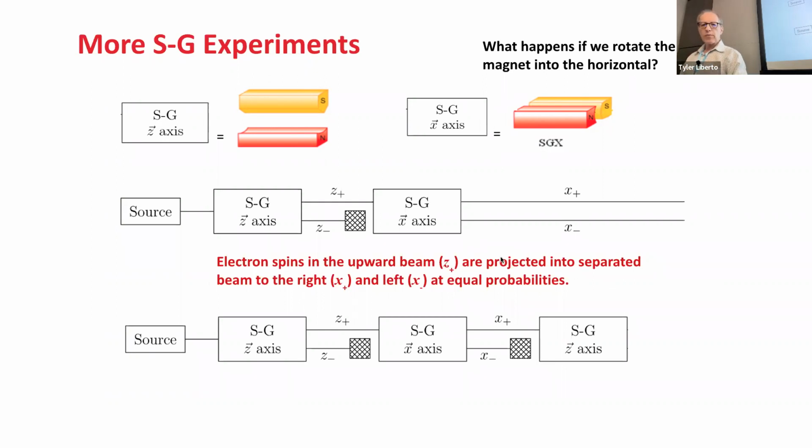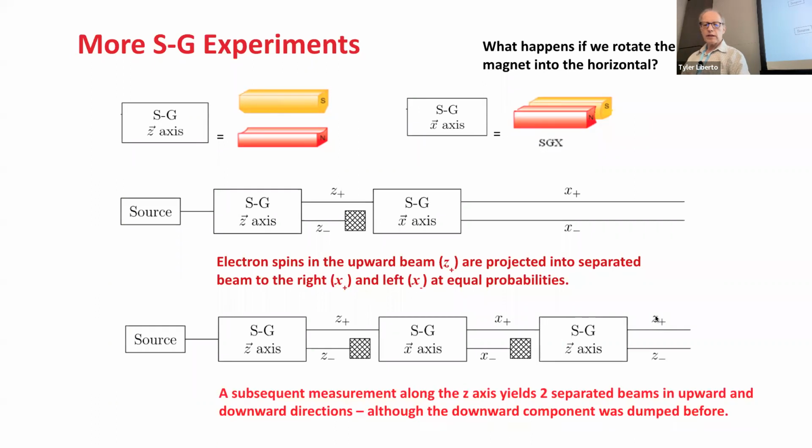And strangely, what we got out here was that we had two beams at the end. One in the positive or upward direction and one in the downward direction. That means we recovered practically the original setting, which is not possible if you have classical stuff.